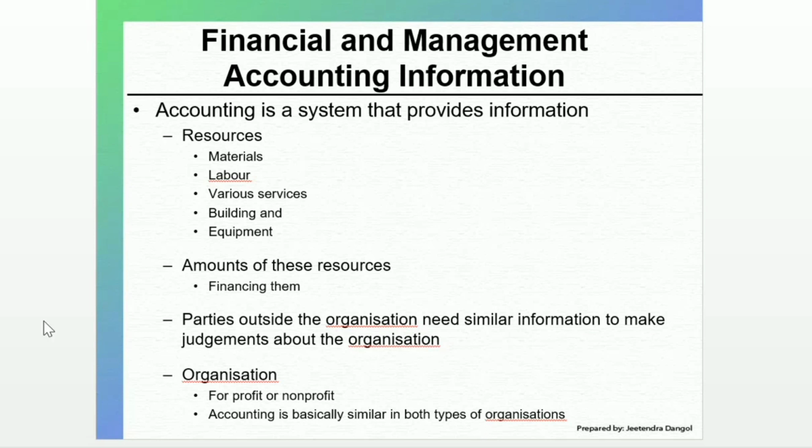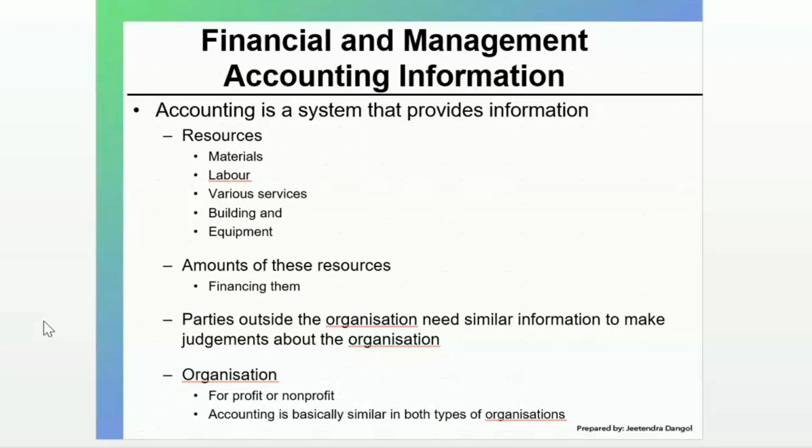Another important resource is the financing aspect. What it means is, when we start a business or manufacturing unit, we need capital. When we are talking about capital, what are the sources of that capital? What are the sources of the fund? That is the most important aspect for us.